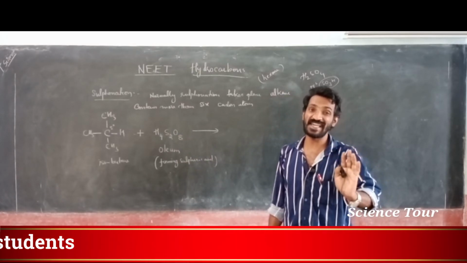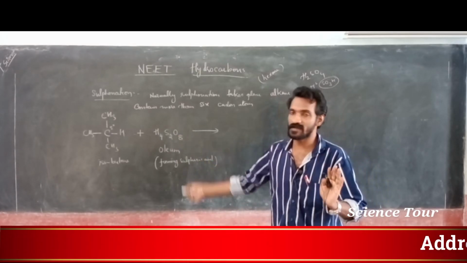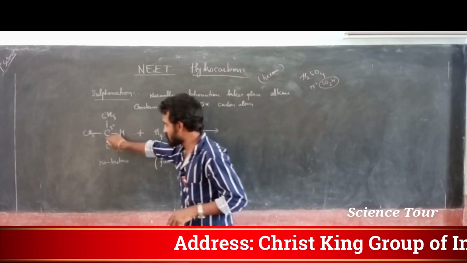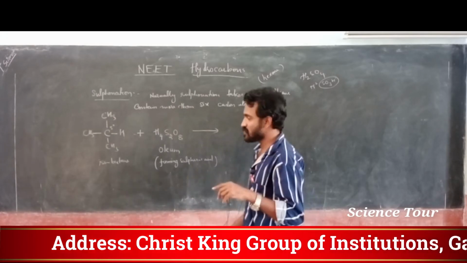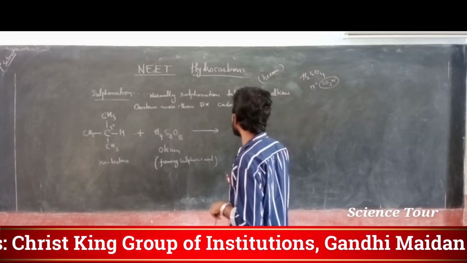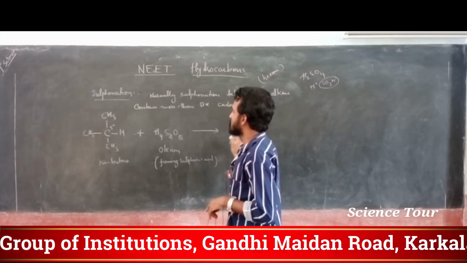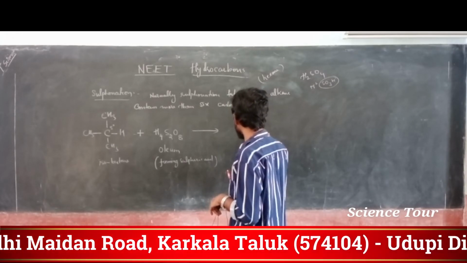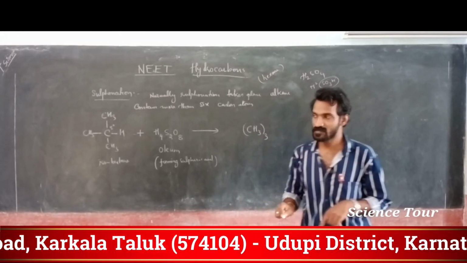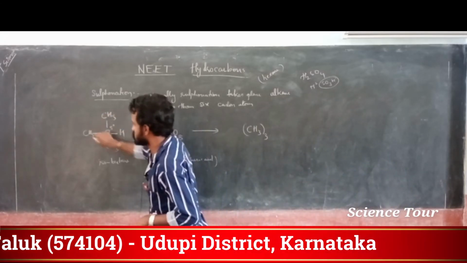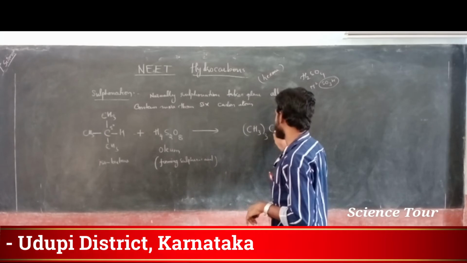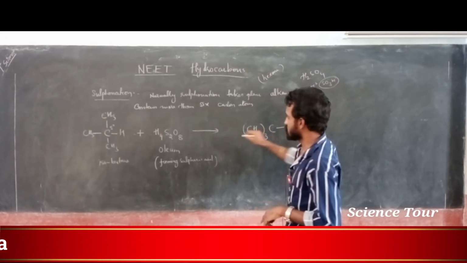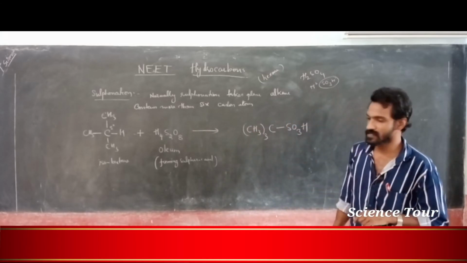So it is a special case, my dear students. That's what I am writing here. Please note down this particular point. Even though it contains 4 carbon, it will undergo sulfonation in the presence of oleum, and it gives, I will write like this, CH3, CH3, C, and here SO3H. The SO3 gets added from oleum.